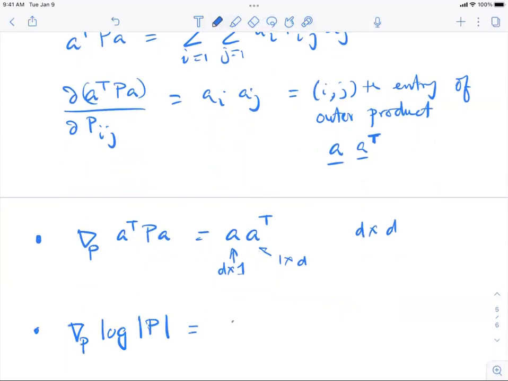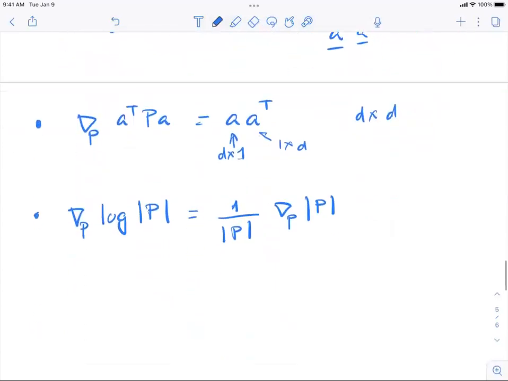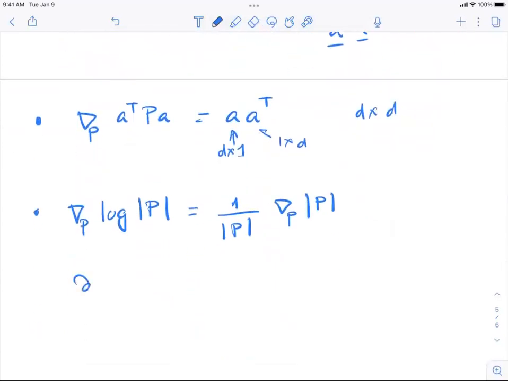So I use the chain rule and I get 1 over the determinant of P times the gradient of the determinant of P with respect to P. So now I need to get very specific about some form of determinant where I can compute this derivative with respect to an arbitrary entry of P. So what I want is to be able to compute the partial derivative of the determinant of P with respect to some arbitrary ijth element of P.